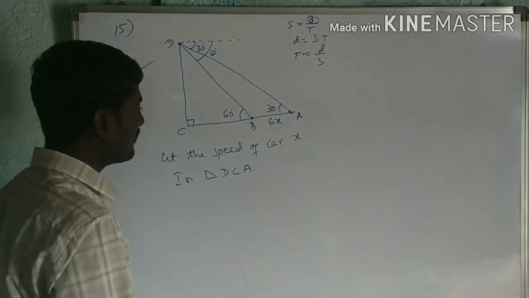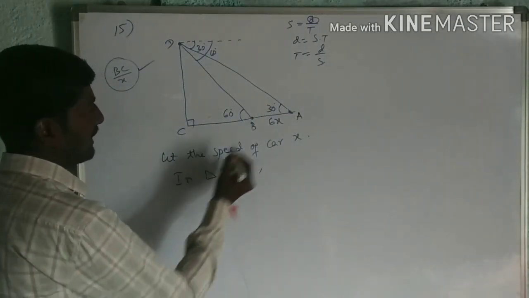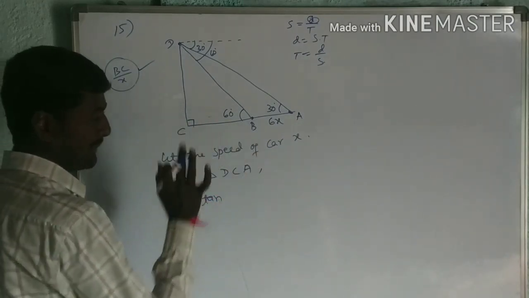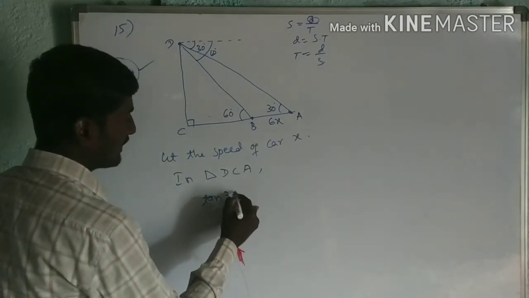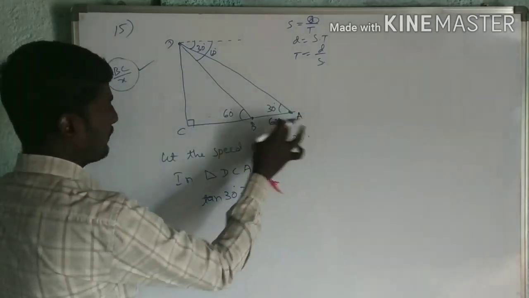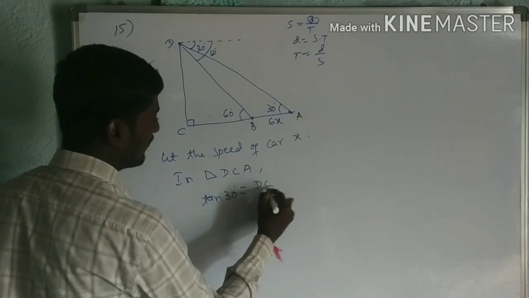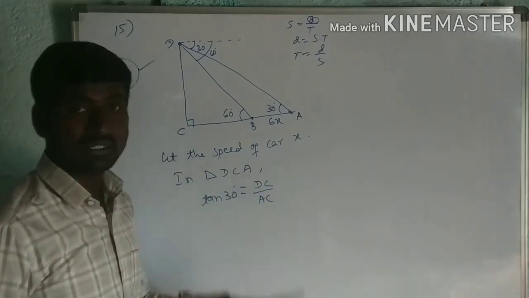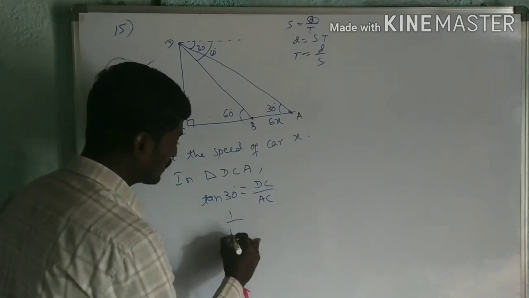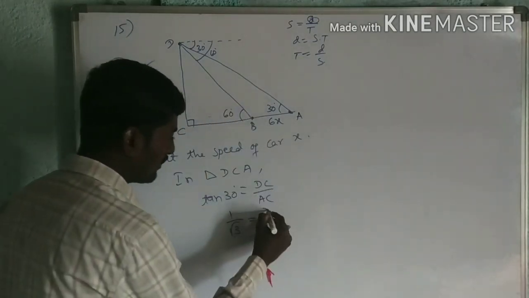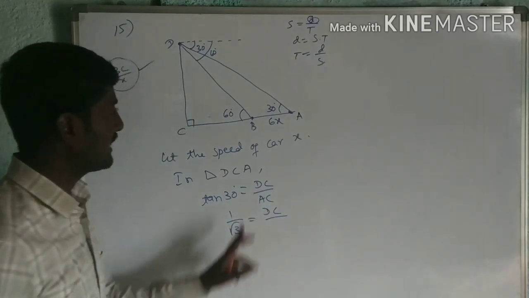In DCA, I can apply tan 30 degrees. I want to find BC by x, keep it in mind. Tan 30 degrees is equal to DC divided by AC. 1 by root 3 is equal to DC, which we don't know, so write it as it is, divided by AC.